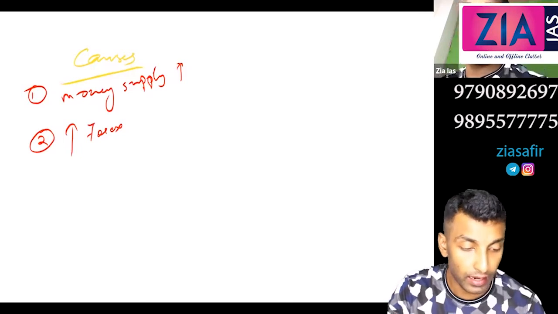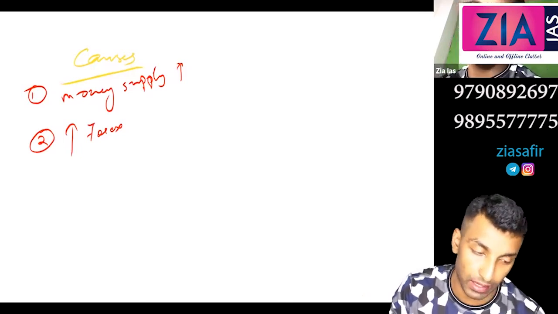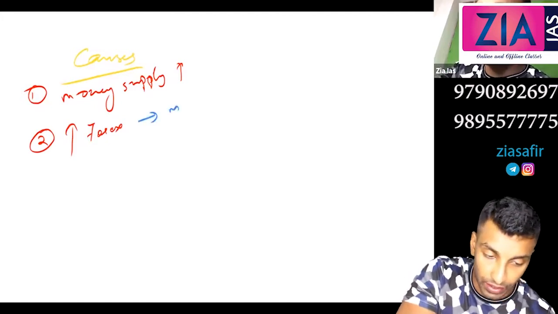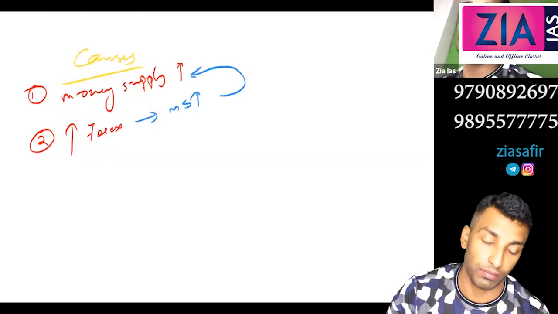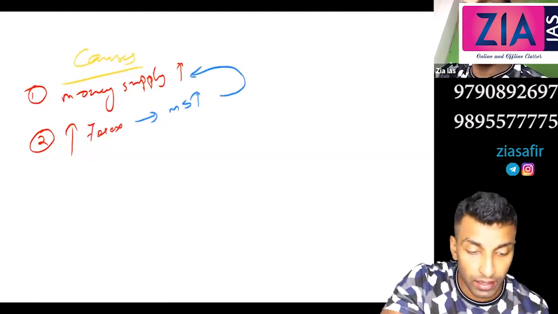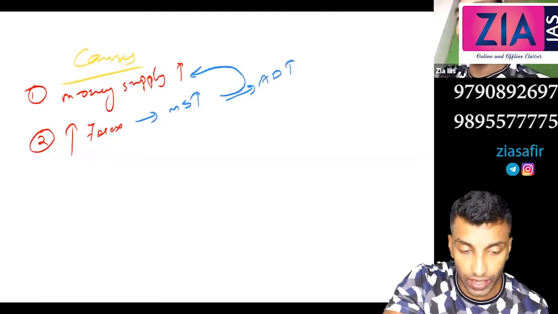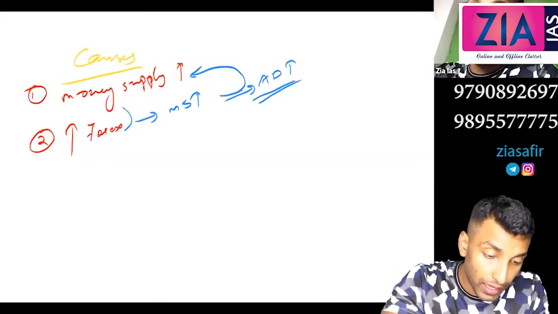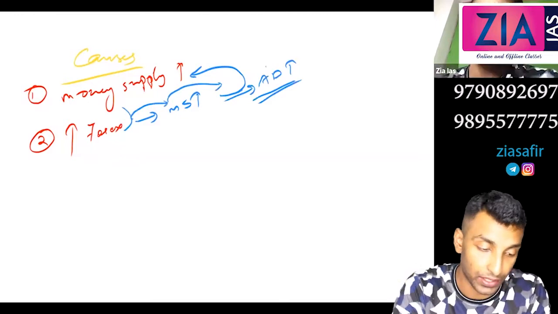The Forex is coming, it is basically getting circulated in the market. So when Forex is increasing, automatically money supply will increase. Then when money supply increases, automatically demand increases. Okay, then that leads to demand pull inflation.